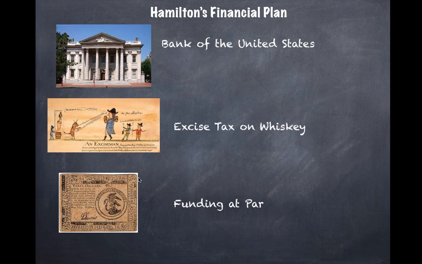Now this is a little more complicated. During the Revolution, the Second Continental Congress and the Congress of the Articles of Confederation had to borrow money to wage war against Britain. And they did that with bonds. If we look at this picture here, this is a $3 bond.